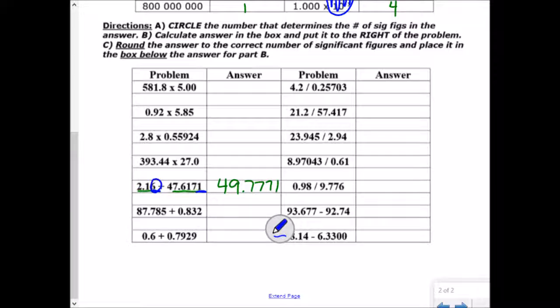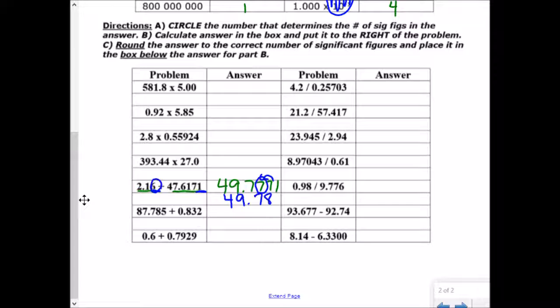So we're going to look at our hundredths place. That's where we're going to round. To the right of that 7, is it a 5 or above? It is. So I'm going to round it up. Your final significant digit answer is 49.78. Right?